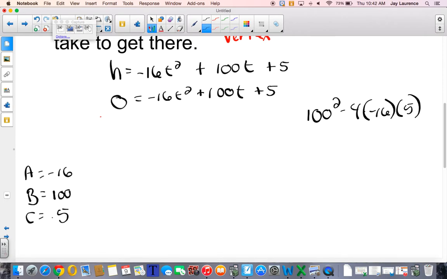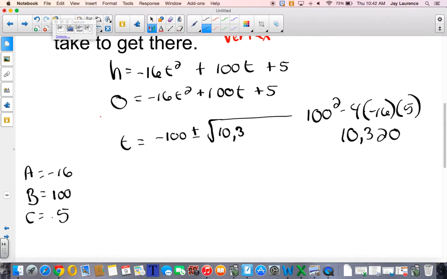And so when I do that, I get 10,320, excuse me. That's my discriminant. So now I go t equals negative 100 plus or minus the square root of 10,320 divided by negative 32. There's two answers here.